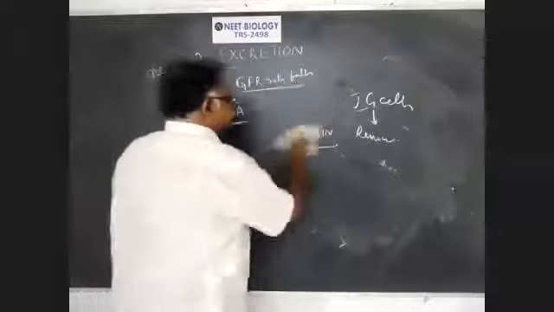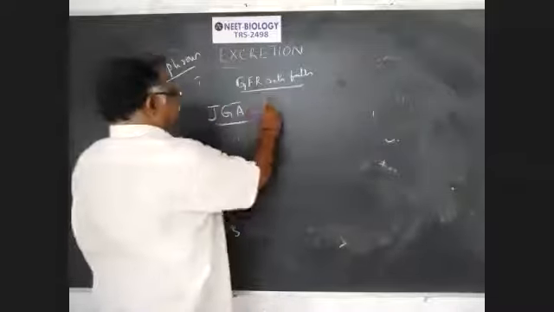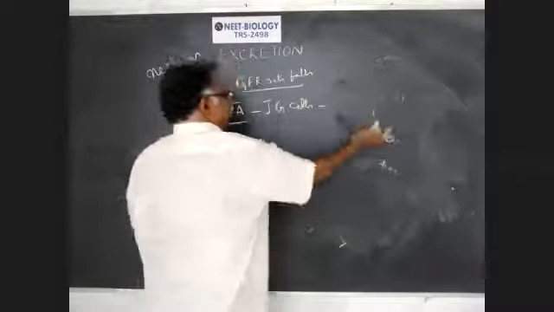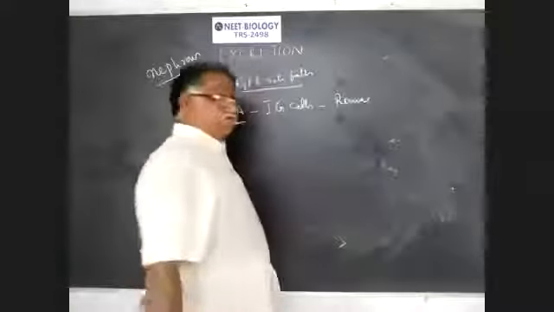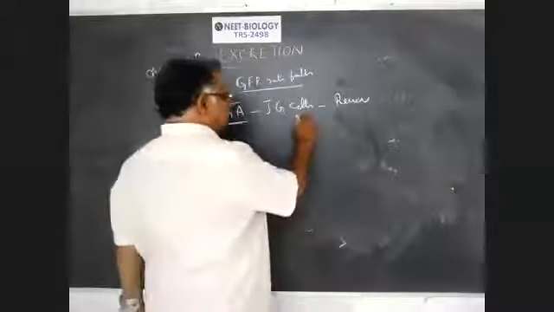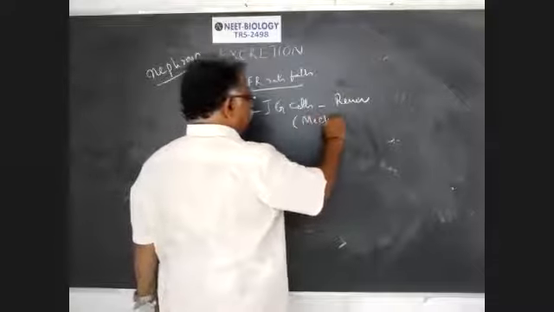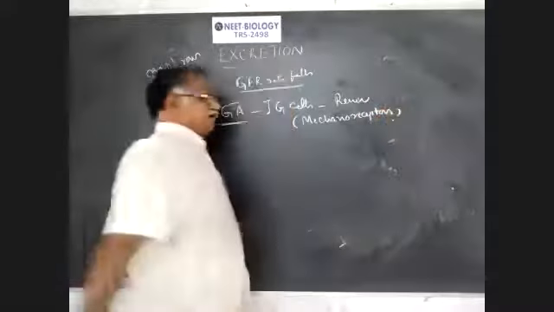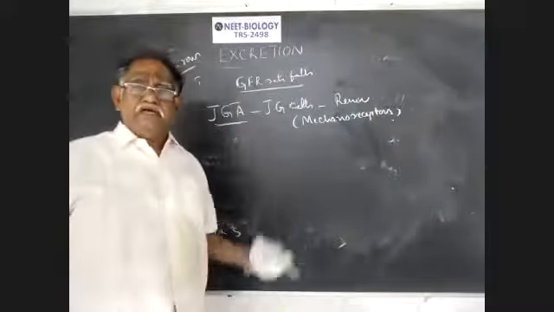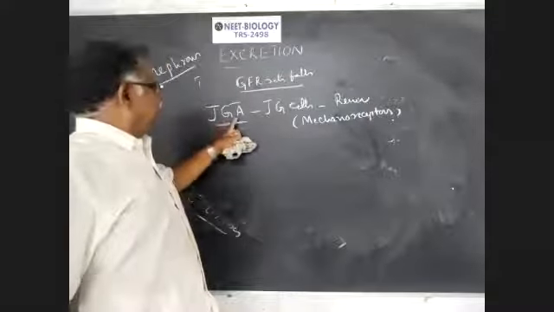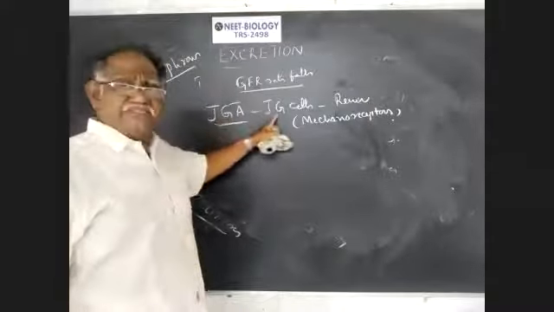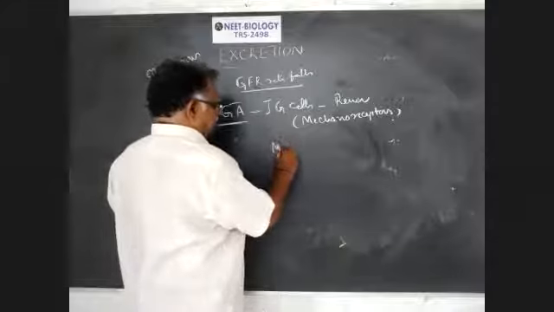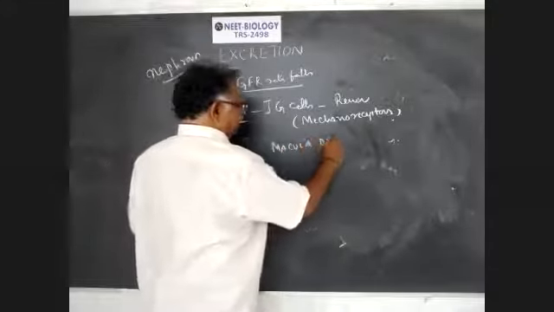So JGA contains two types of cells. JG cells secrete renin when GFR falls down, and JG cells act as mechanoreceptors. In JGA, besides JG cells, there is another group of cells known as macula densa.